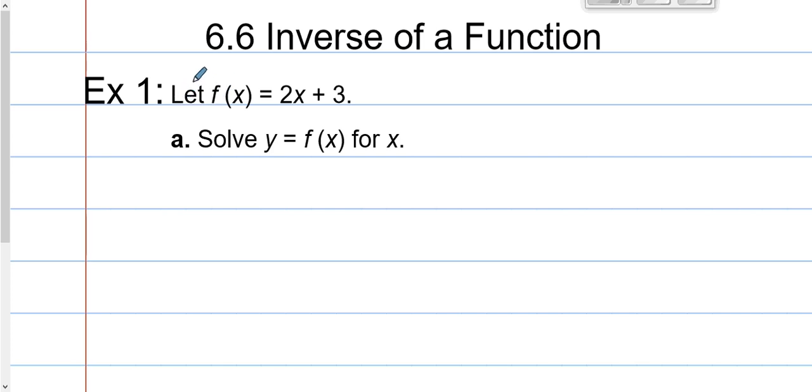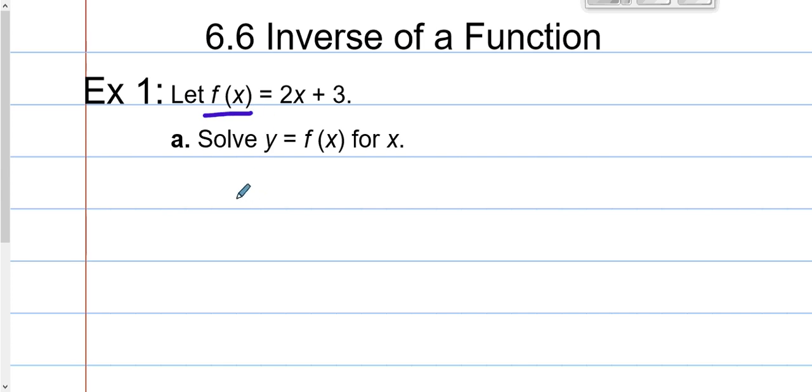It says let f of x equal 2x plus 3. And so then, on the first one, we're going to solve y equals f of x for x. Well, when it says y equals f of x, all we're going to do is change that f of x right there to y.